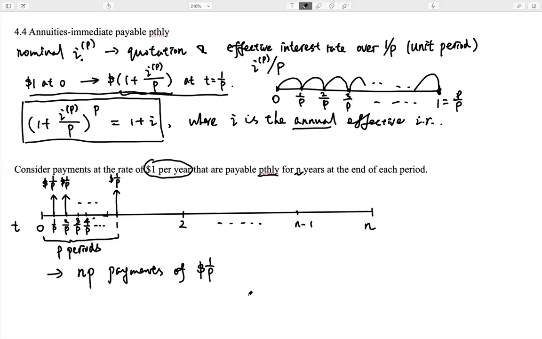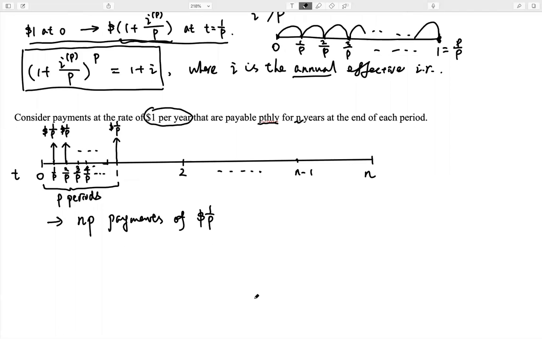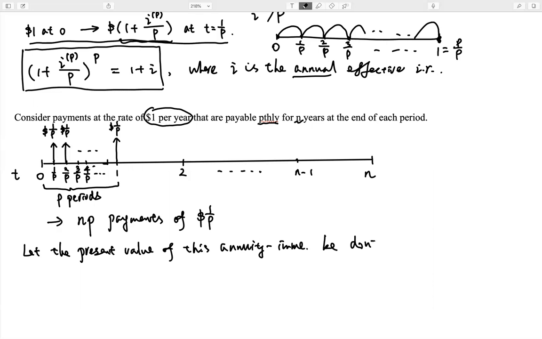So let the present value of this annuity immediate be denoted by this new notation. So we introduce a similar notation here.